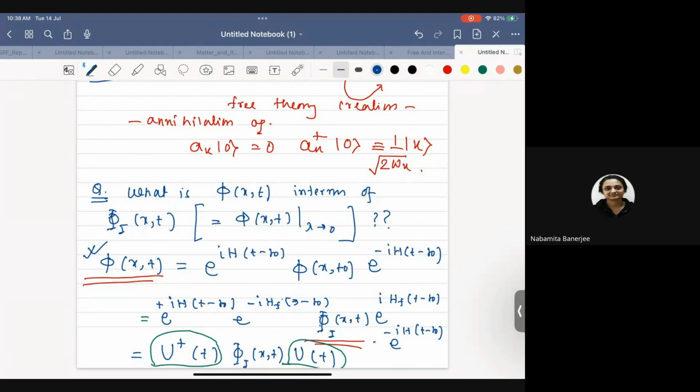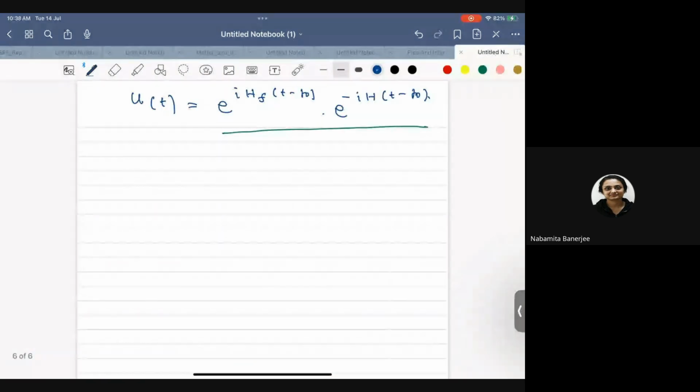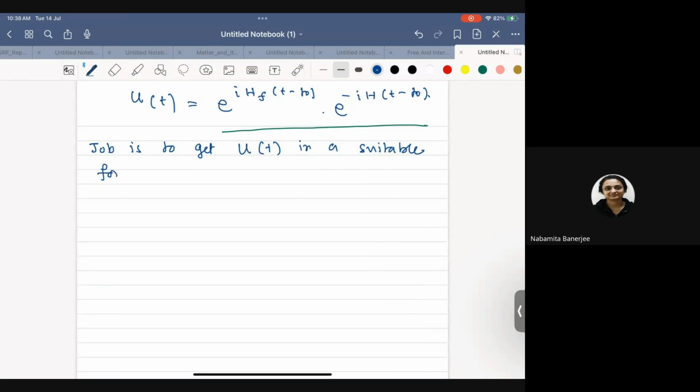Okay, good. So then our next job is to get U(t) in a suitable form. So again, to do that, all I need to know is the equation of U(t).